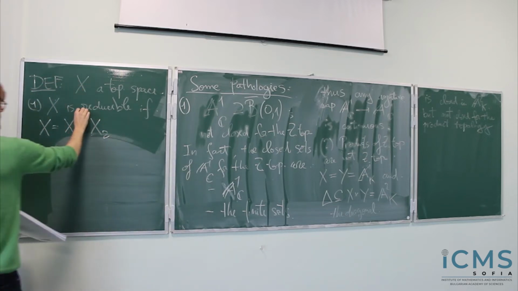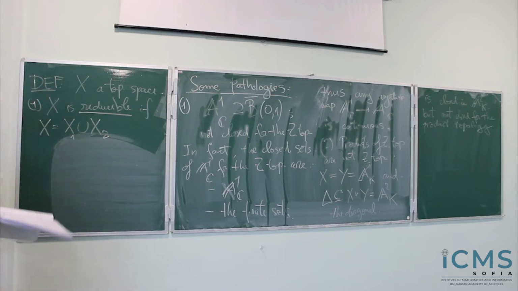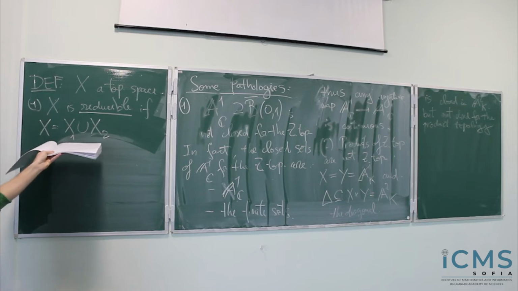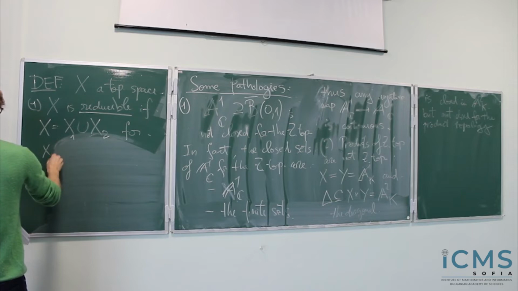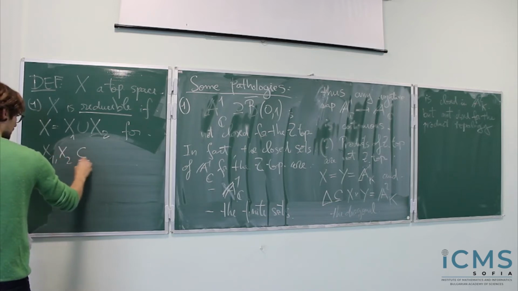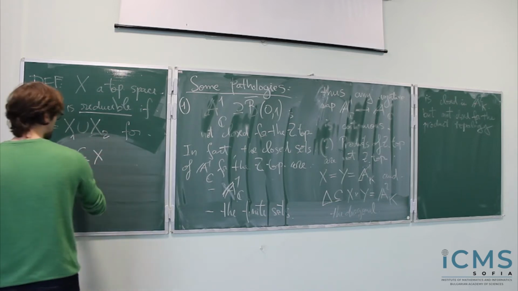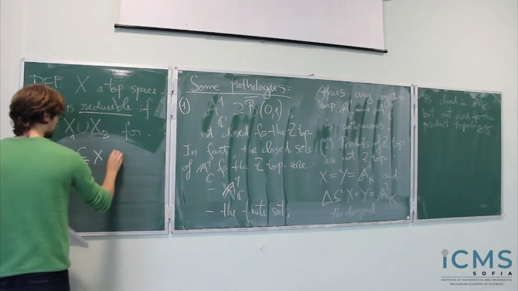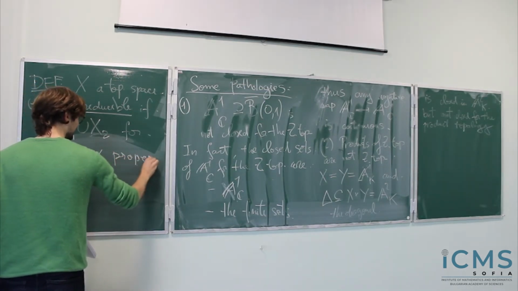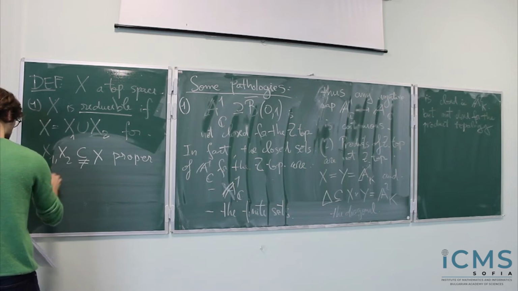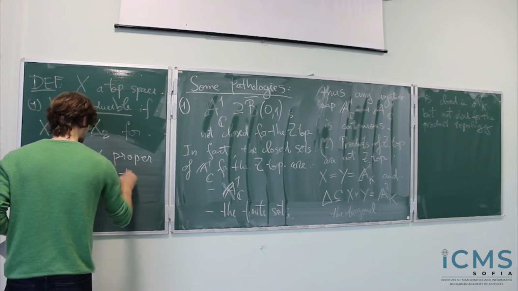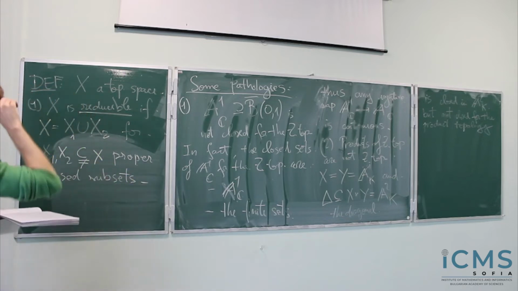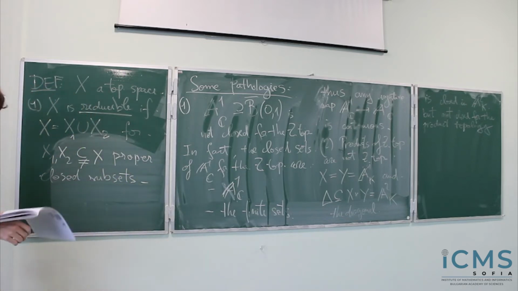A topological space will be reducible if I can define it as the union of two subsets X1 and X2 that are proper closed subsets of X. That's the definition of reducible.